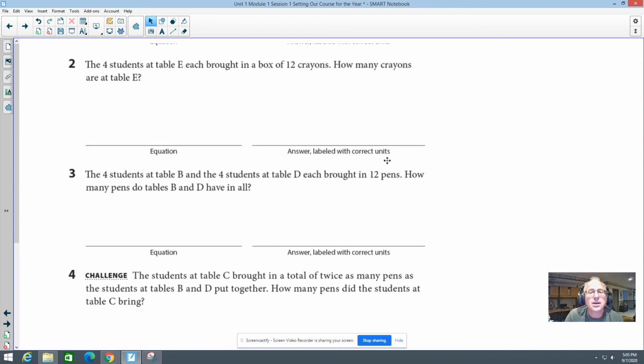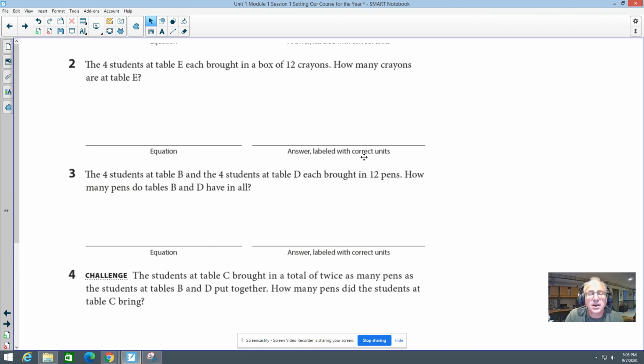So again, this might even help you on that one, because you had 4 times 12 here, and this is just double. So you can do 4 times 12 and 4 times 12, or you can do 4 times 12 plus 4 times 12. But so the 4 kids at B and the 4 kids at D each brought in 12 pens.